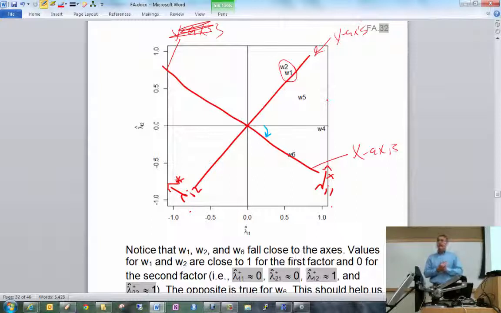And so now our factor analysis model will be a little bit easier to interpret if we simply choose those corresponding lambdas. And essentially, this T matrix is what allows us to do the rotation. It basically allows you to rotate your axes in this manner, and we want to choose a T matrix that gives us something that looks like that.